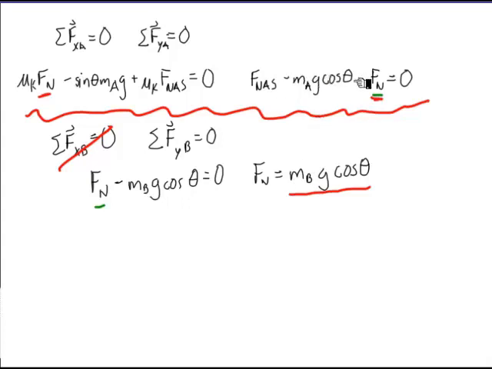So this top equation right here becomes F_N A S minus m_A g cosine theta minus m_B g cosine theta equals 0.